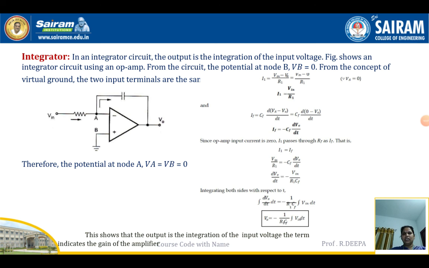The integral and differentiation cancel, so we get the final expression for the output voltage as V0 is equal to minus 1 divided by R1 into CF times the integral of Vin into dt. This final equation shows that the input voltage is integrated and appears at the output. The term 1 divided by R1 into CF is called the gain of the amplifier, and the output is also inverted. So it acts as an integrator here.